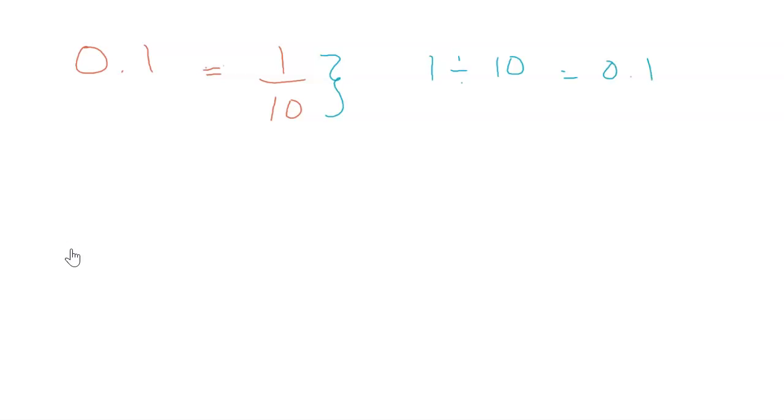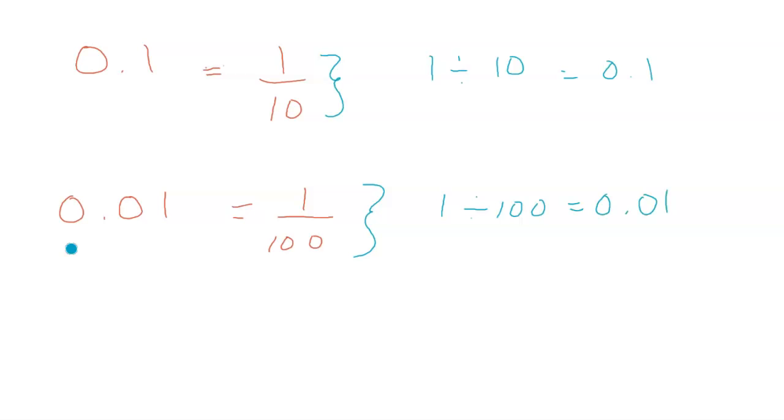Following this trend, I know that 0.01 is equal to 1 out of 100. Again, working backwards from the previous example, if I take 1 and divide it by 100, that gives me 0.01. And I can go on and on with this trend.